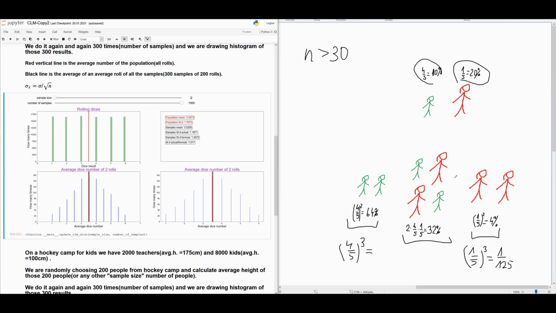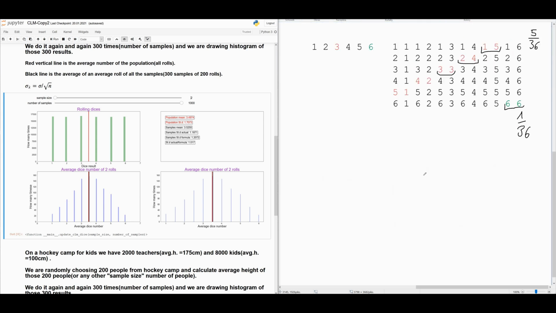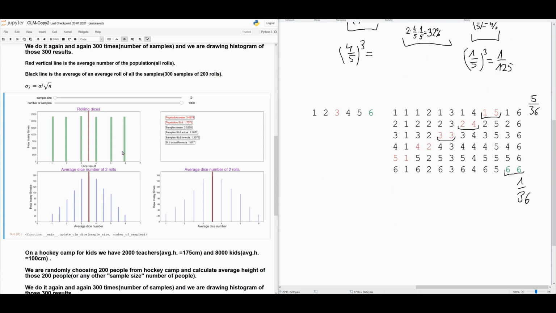And what is happening right here? We have an explanation here. What are the chances of getting 1, 2, 3, 4, 5, 6? In all the cases, 1 in 6. So it's the same chance of getting 3 and 6. No big deal. What is the chance of getting an average of 2 rolls equal to 6, and what is the chance of getting 3?